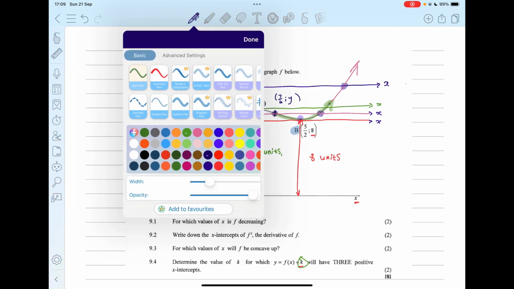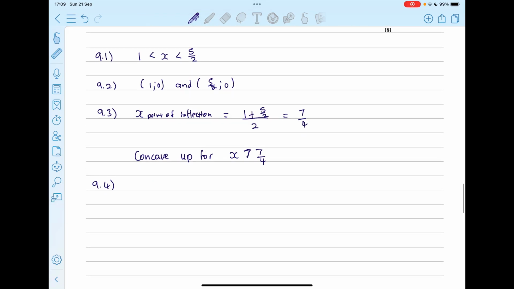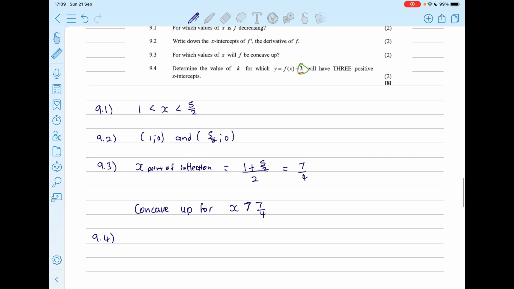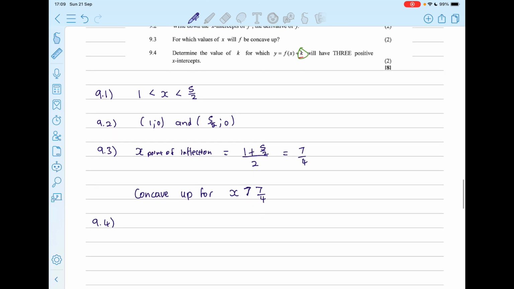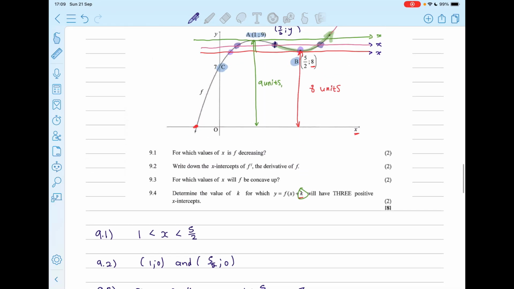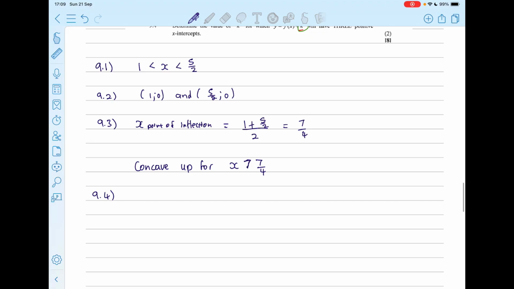So that means in writing our final answer, we will say that k has to be between 8 and 9. And it's negative because we wanted to move downwards. So k has to be between -8.